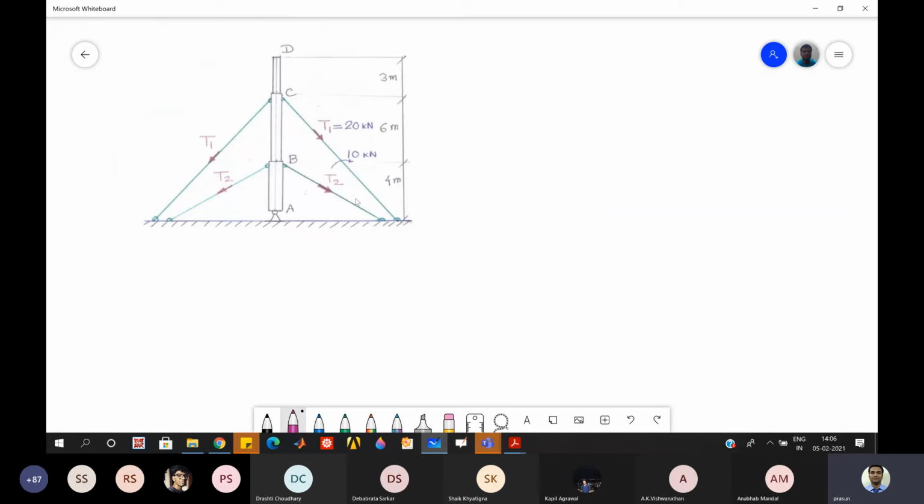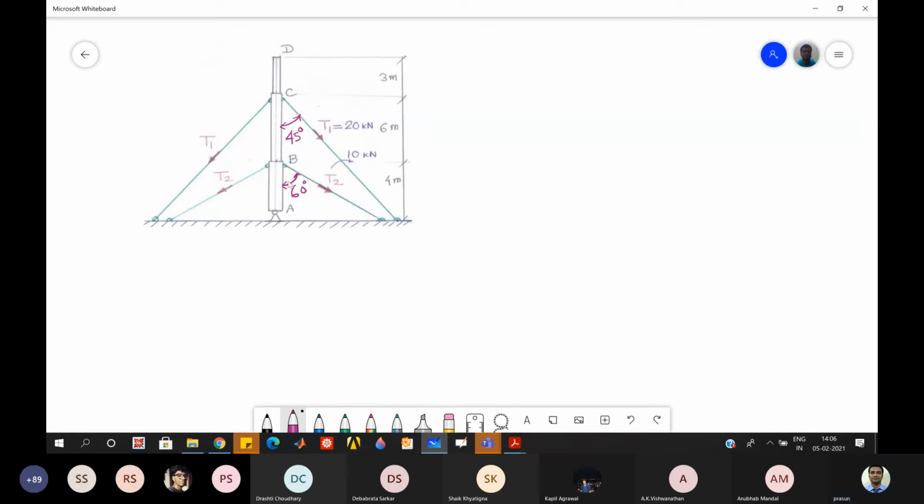So this angle will be 60 degree, and this one will be 45 degree. So now can you solve this problem? What you have to do is find the axial force diagram of the member ABCD.